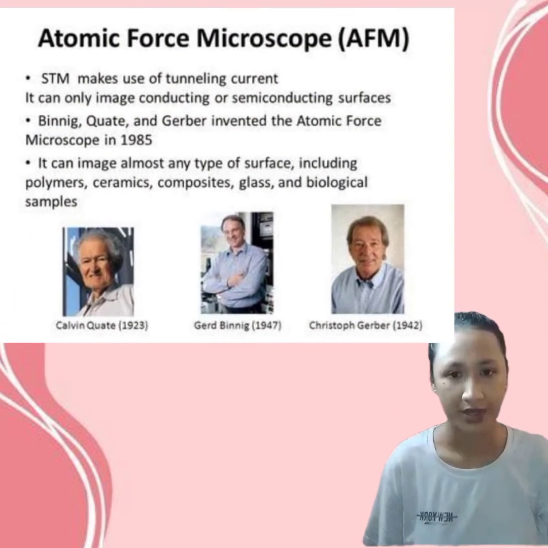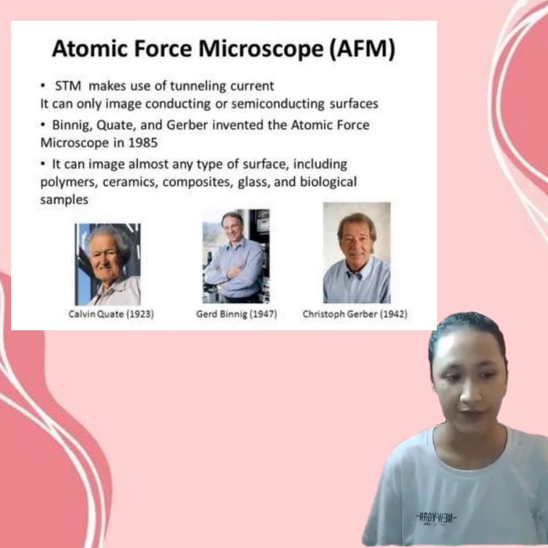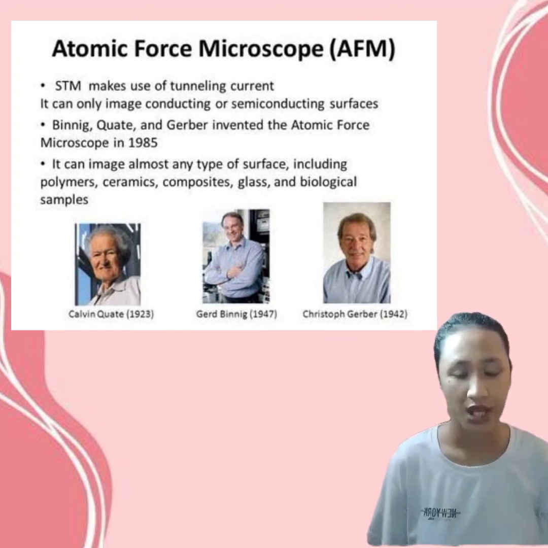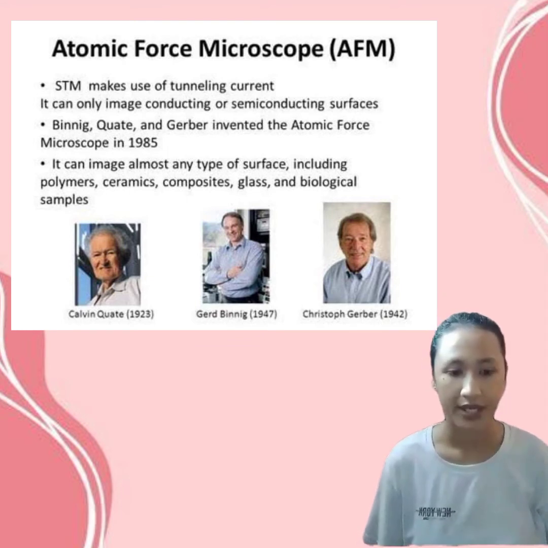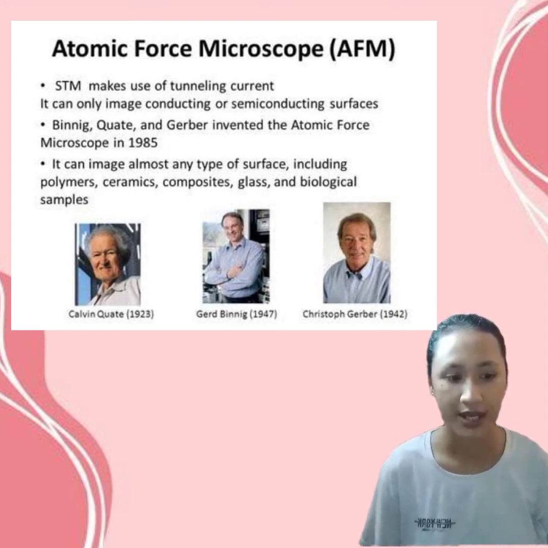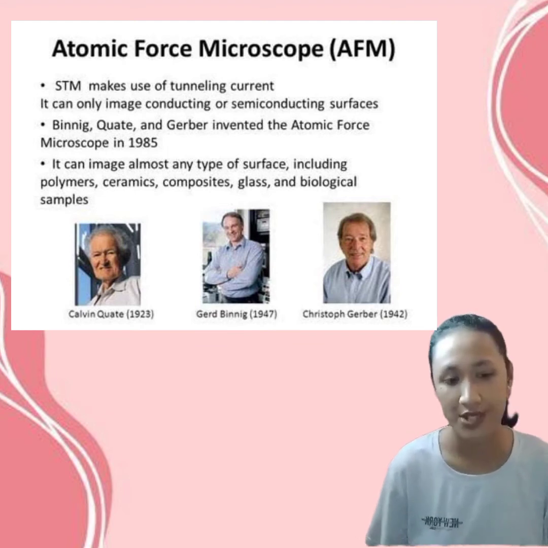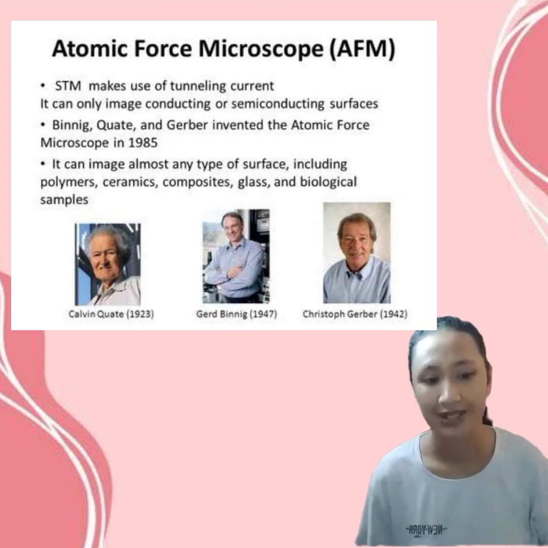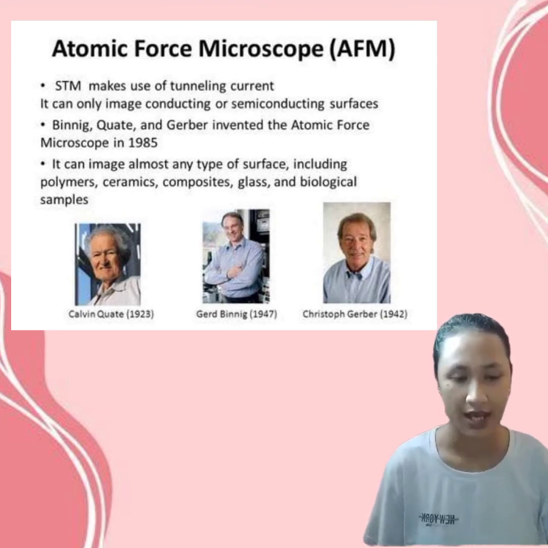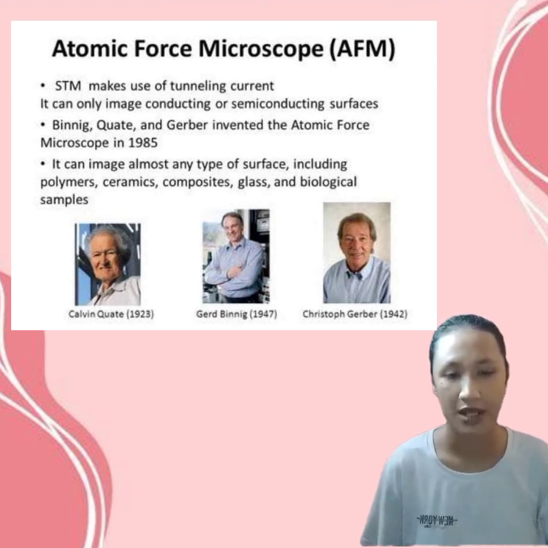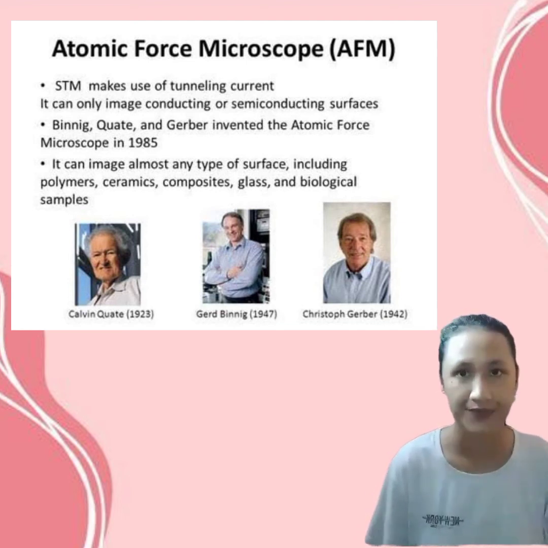Binnig, Calvin Quate, and Christoph Gerber invented the first atomic force microscope in 1986. It can image almost any type of surface, including polymers, ceramics, glass, and biological samples. In 1989, the first commercially available atomic force microscope was introduced.